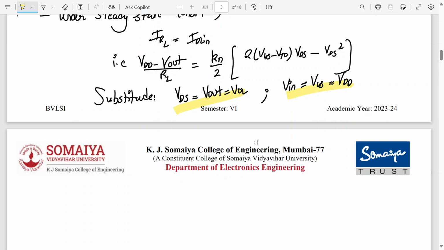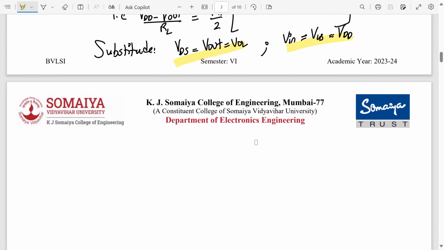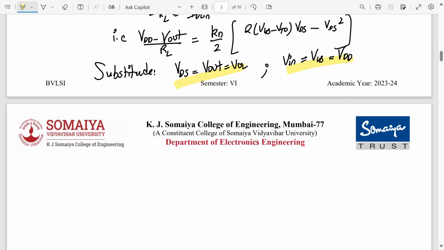I hope you're following what I'm writing. Yes or no? Now, what I will do is I'll rewrite this expression, equation number 1. We can open the bracket and substitute it further.